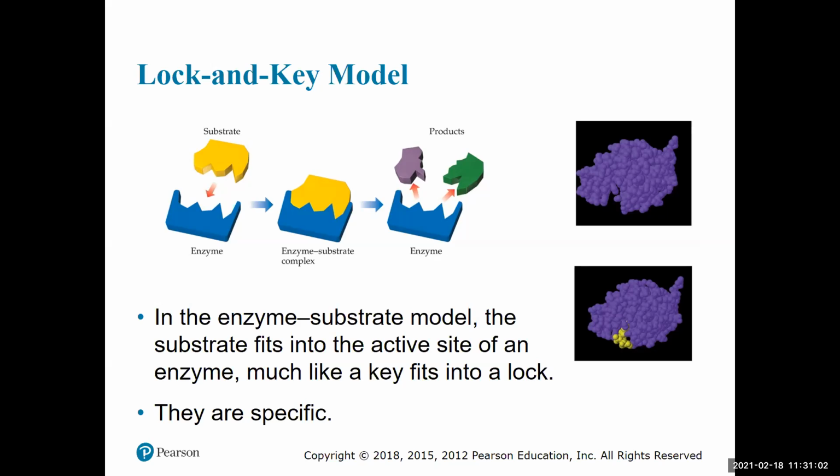So you have your enzyme, you have your substrate, and there's some physical orientation and physical structure that's needed. If the substrate doesn't fit perfectly into that enzyme, then nothing happens, okay? It can't react. But the idea is that you have this fit and it forms this enzyme substrate complex, and then because it fit in and it's the right orientation and everything, the reaction can occur. And then you get whatever the products are.